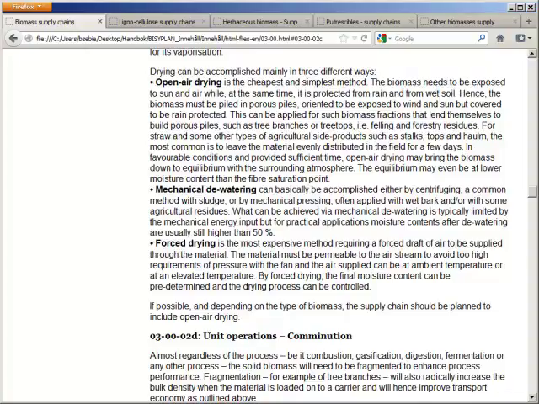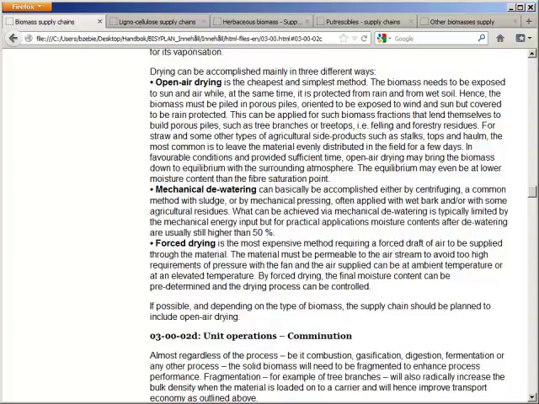Basically, the limit with open air drying is, however, set by the fiber saturation moisture content. And if you want to get below the fiber saturation moisture content, then you will have to rely upon forced drying. Now, this would then be applicable in cases where you need to get below approximately 20% by weight of moisture.